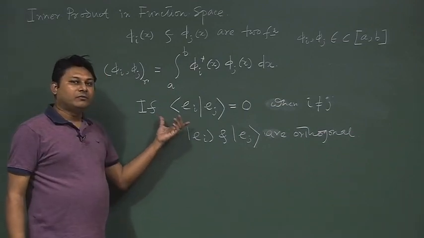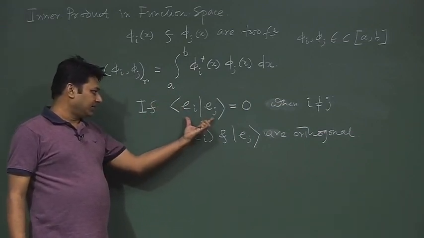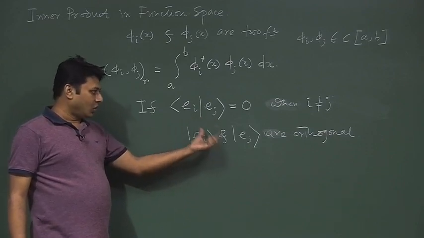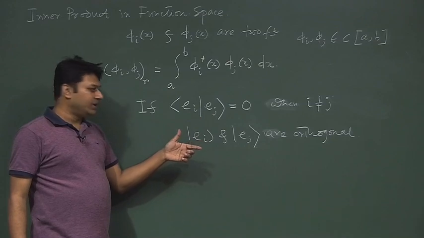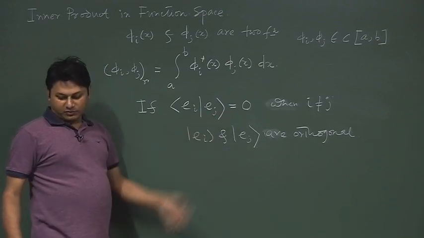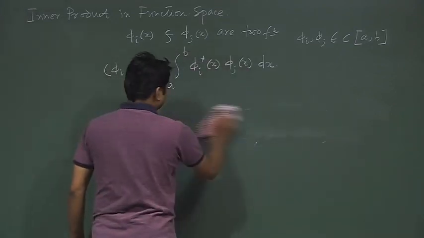From vector concepts, we already know that if I make an inner product of two vectors and get 0, then they are orthogonal to each other. If two vectors are perpendicular, their dot product is 0. Here also we can define the thing in this way.